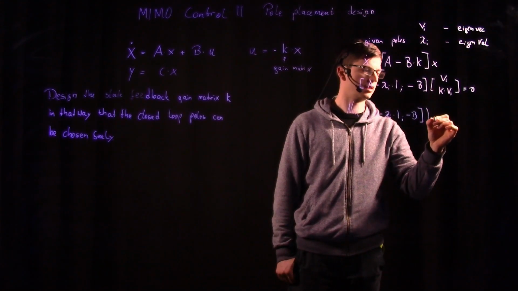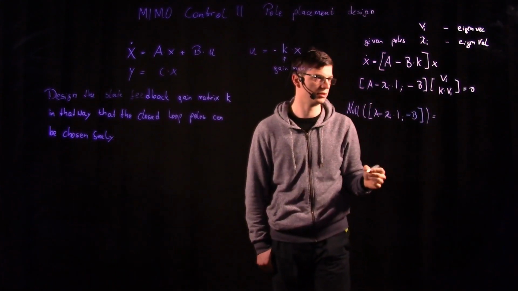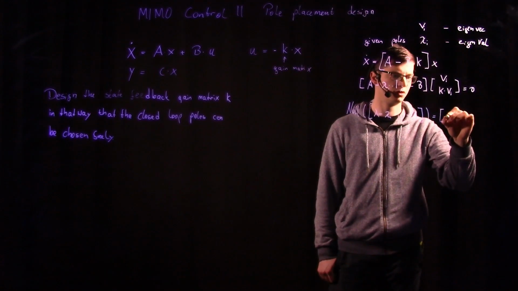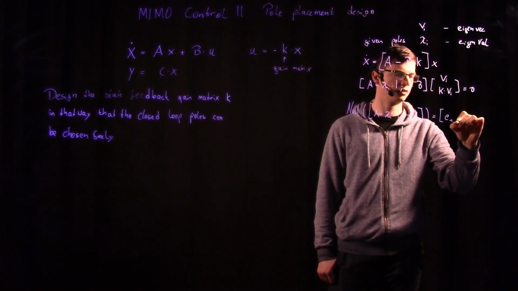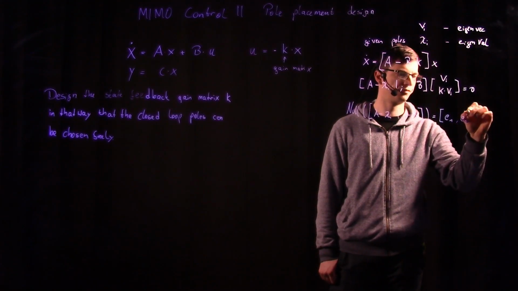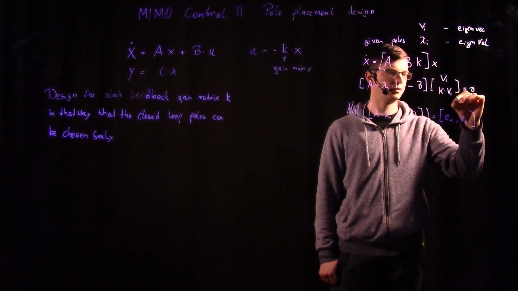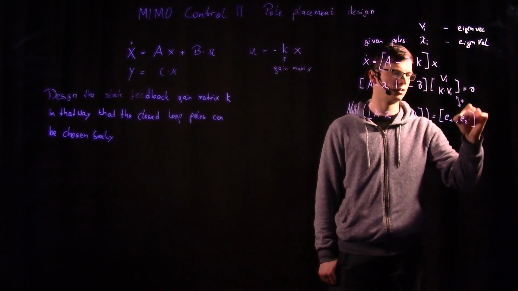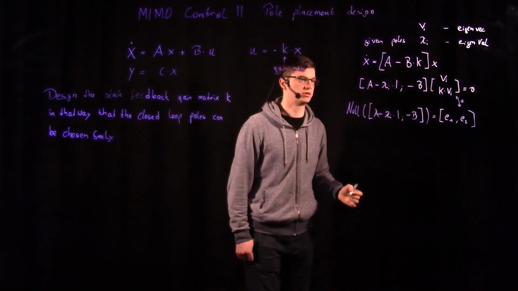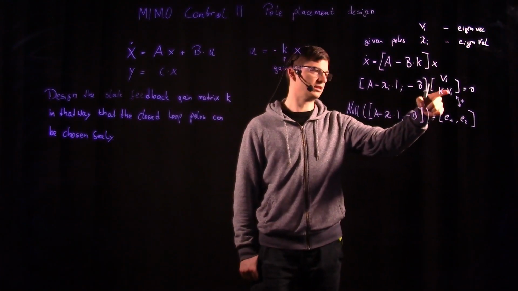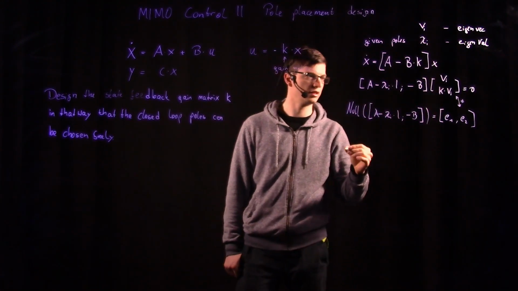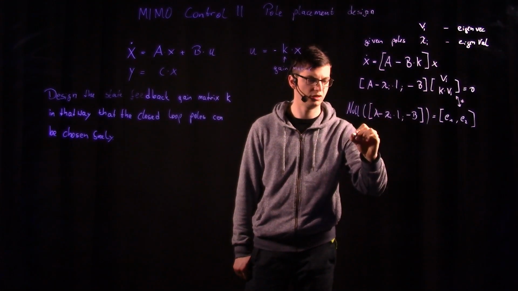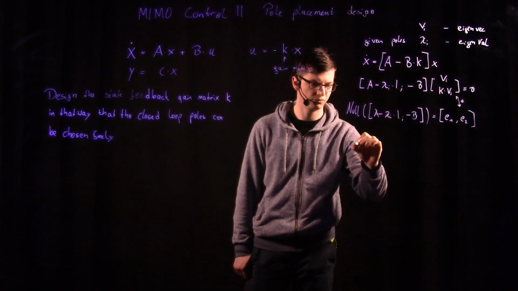So, and this shall equal a vector combination of e1 and e2, and they are not the same because we say that between them there is a correlation, and we call them v_i and K times v_i.